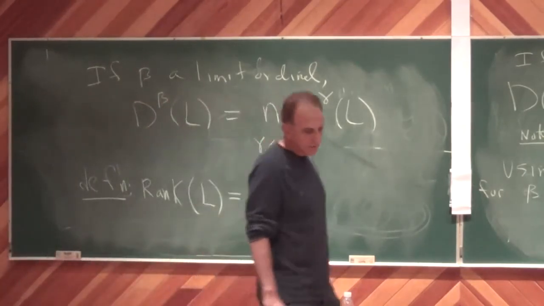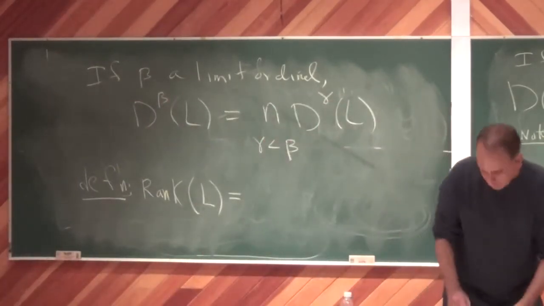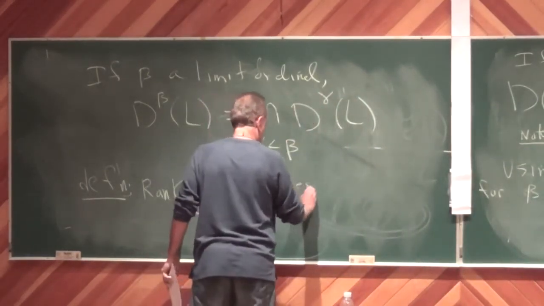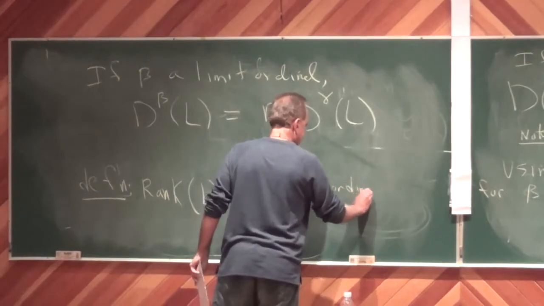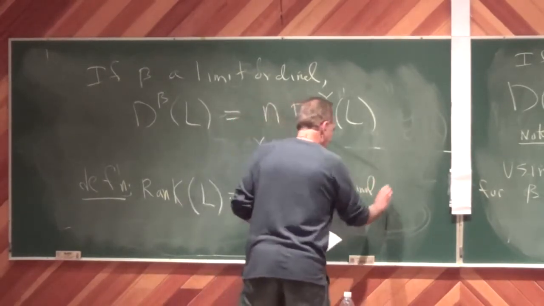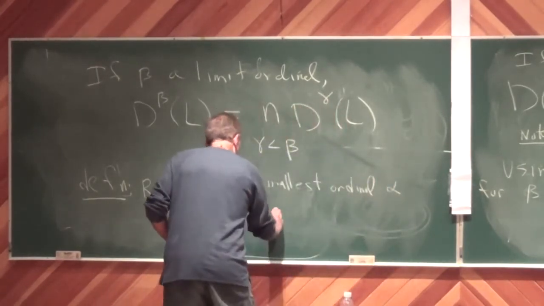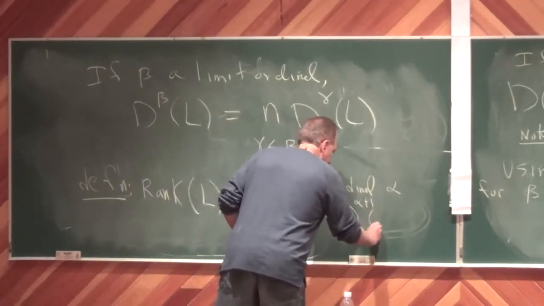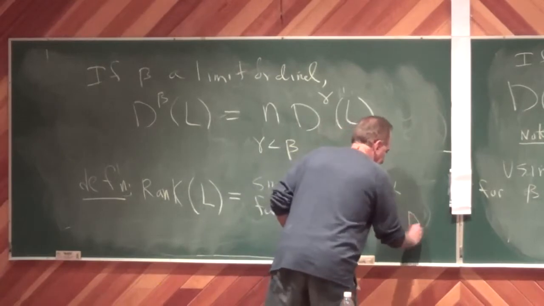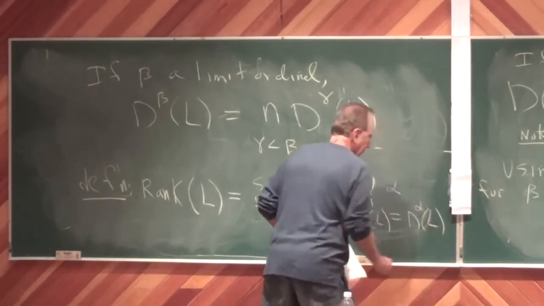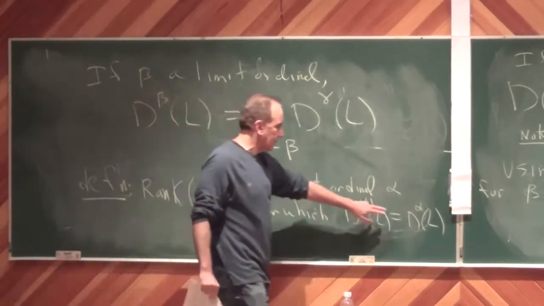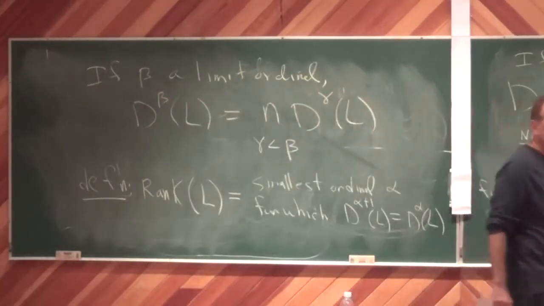So it's the smallest ordinal alpha for which d alpha plus 1 of L equals d alpha of L. And again, if you're uncomfortable with this, just think positive integers here.